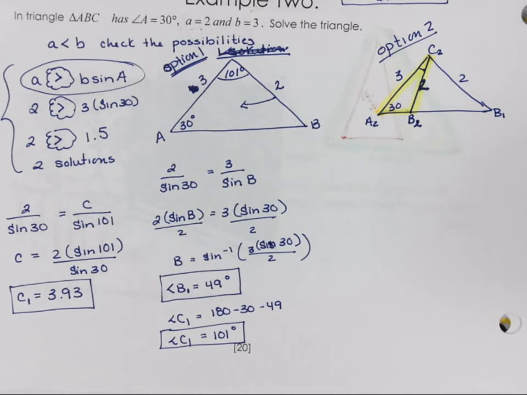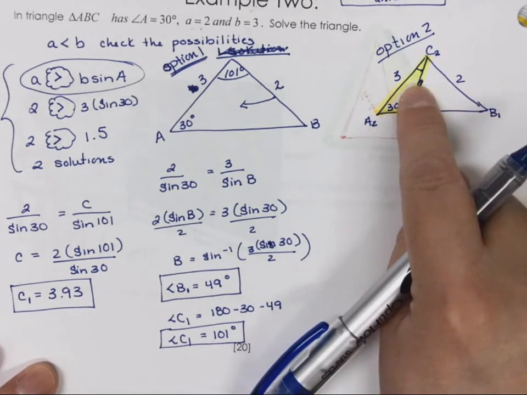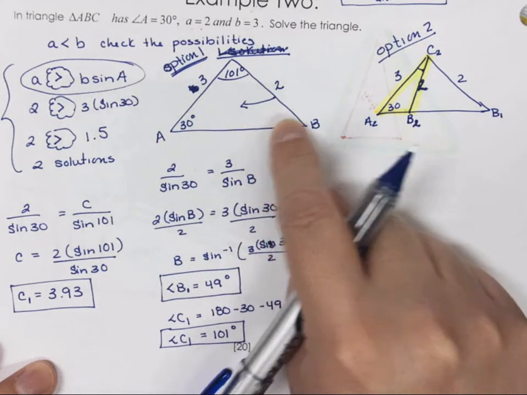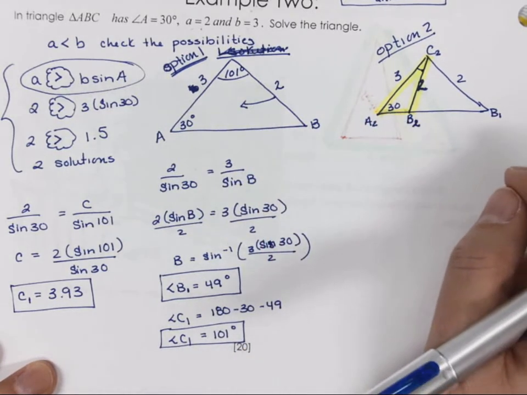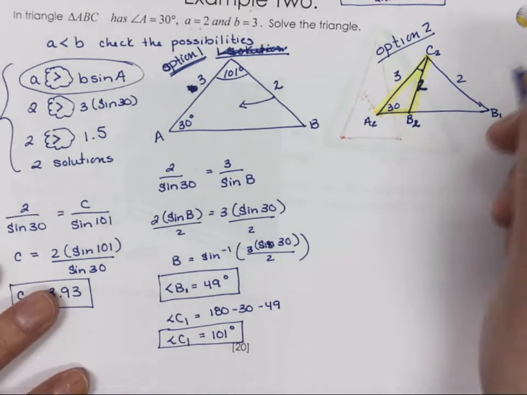So it gets very confusing. So just keep it in the way I've taught you how to label, and hopefully we'll get through this. What was angle B? Angle B was 49. B1 was 49. You guys agree with me? Yeah? Okay.